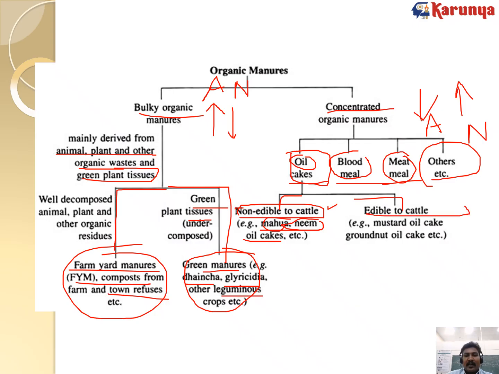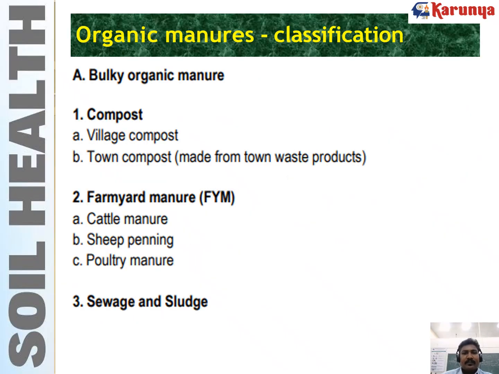The edible oil cake, the cattle can utilize. When we utilize edible oil cake, some amount goes for cattle feed, and only the remaining lesser amount of cake is available as a manure source. Edible examples are mustard oil cake and groundnut oil cake. These are some examples of concentrated organic manures.